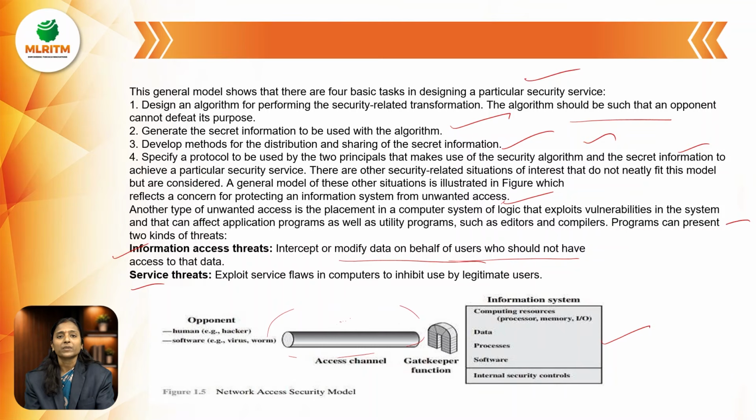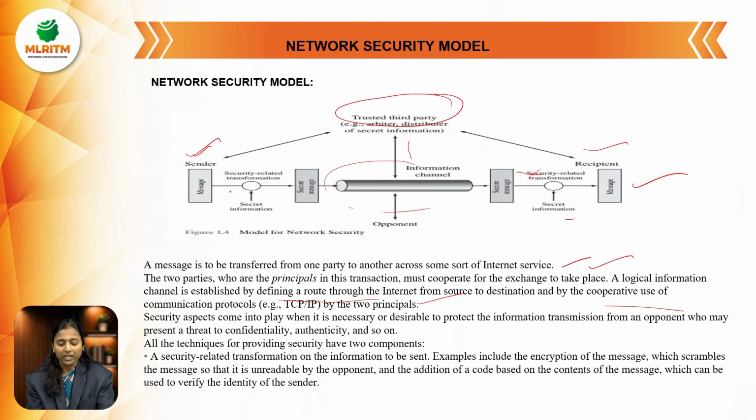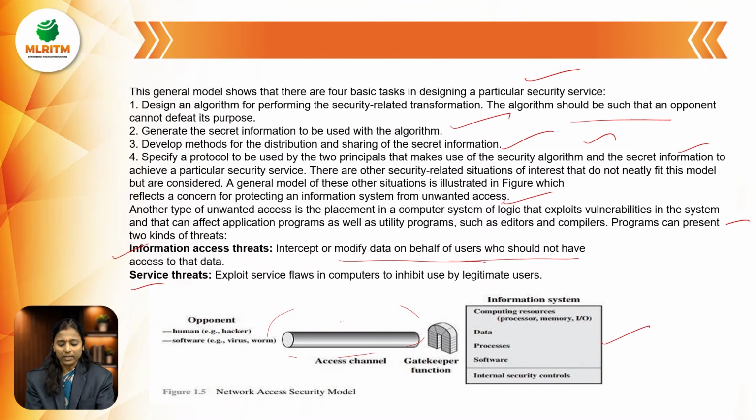The information access threat is used to modify data on behalf of users who should not have access to that data. If the sender is sending the message and this third party does not have access to that data, they can change the data and it is ready to send to the recipient. Then next is the service threat.